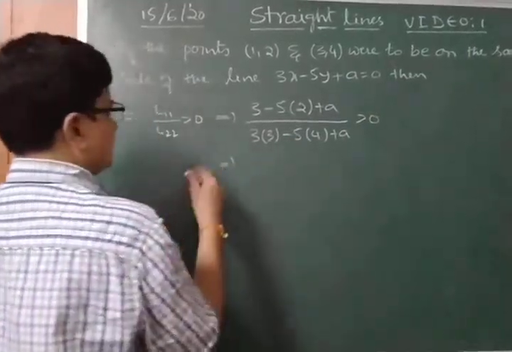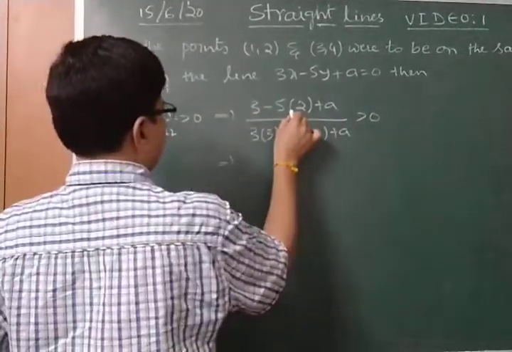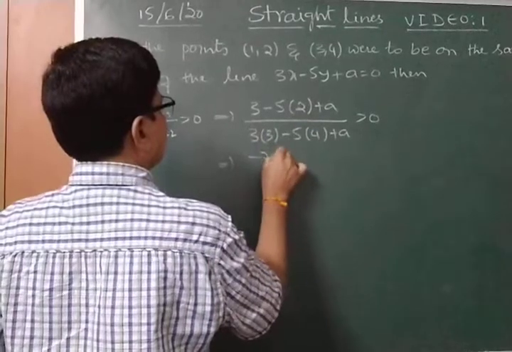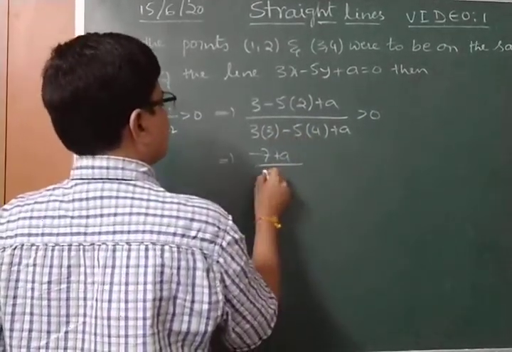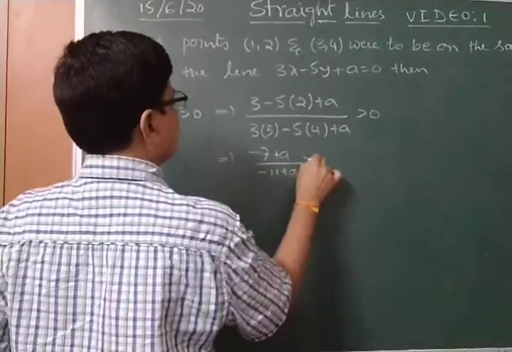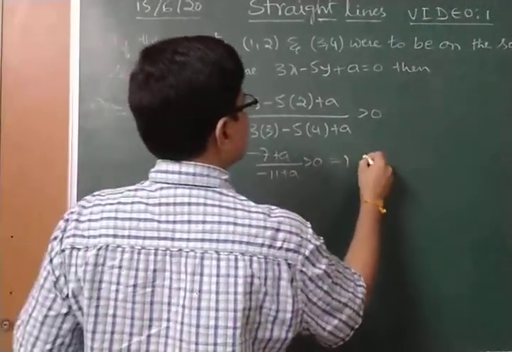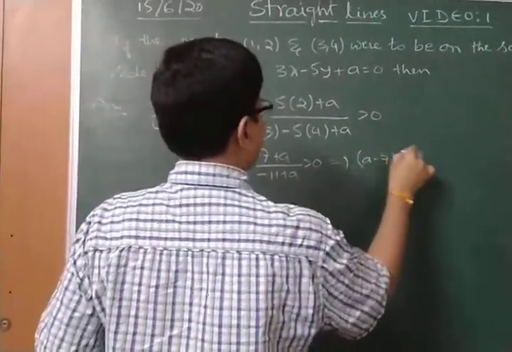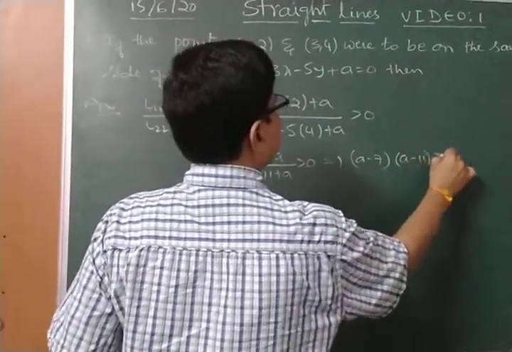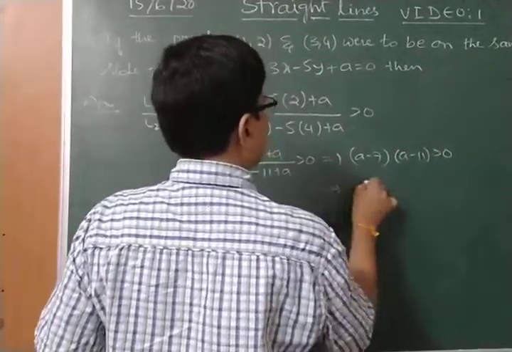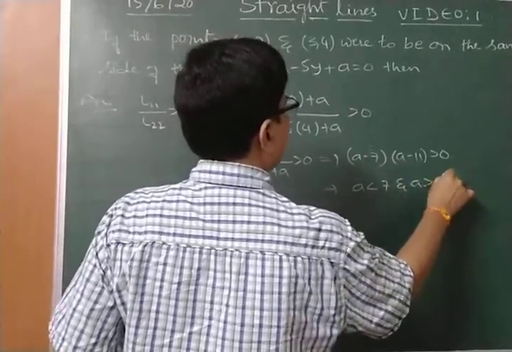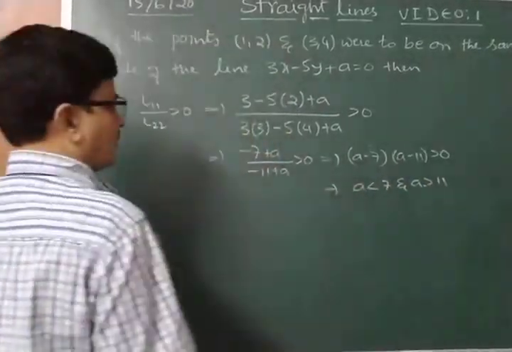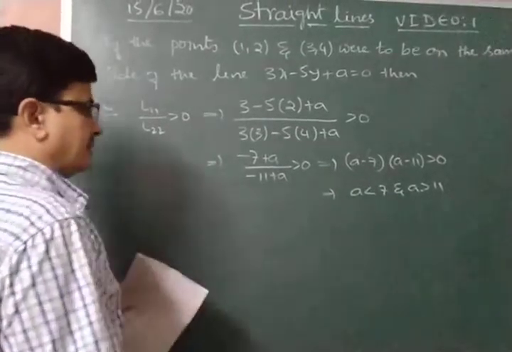That implies 3 minus 10 plus a, which is a minus 7, by 9 minus 20 plus a, which is a minus 11, is greater than 0. That implies (a minus 7) into (a minus 11) is greater than 0. That implies a is less than 7 and a is greater than 11, which is the required condition.